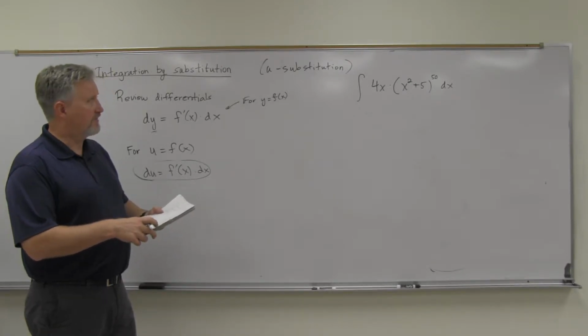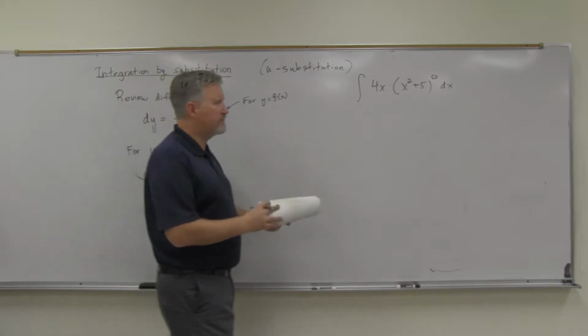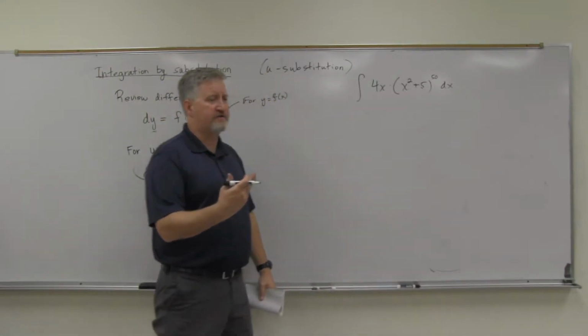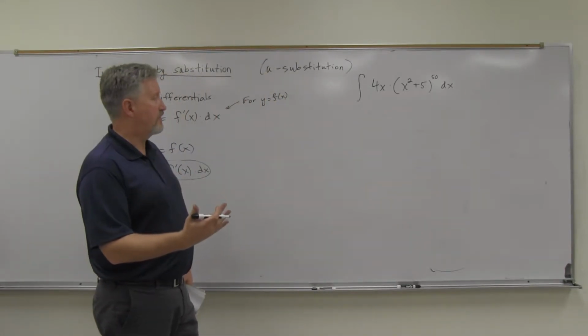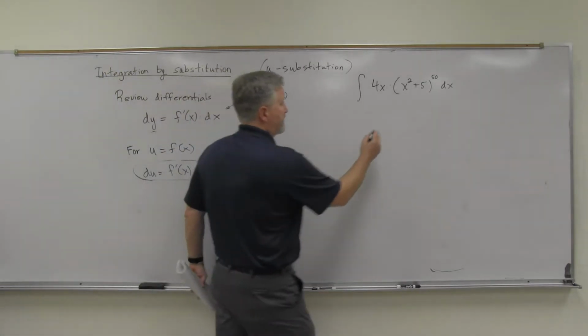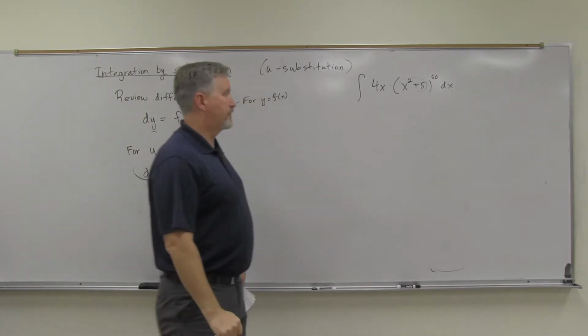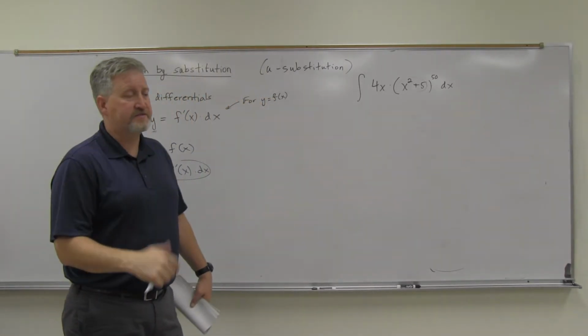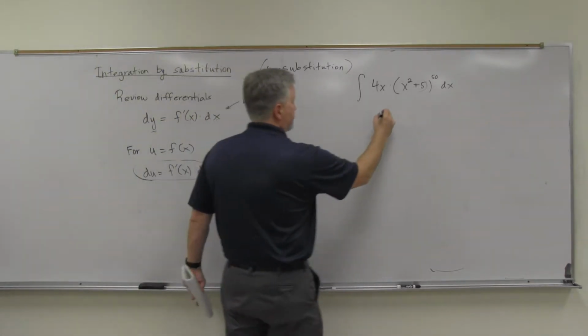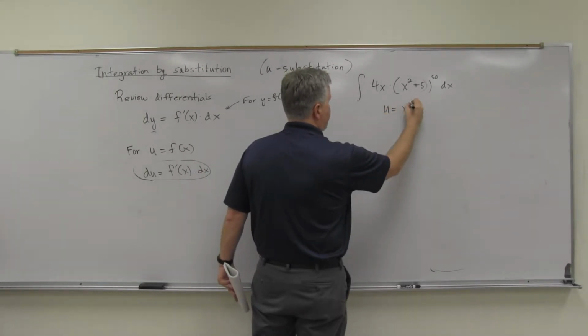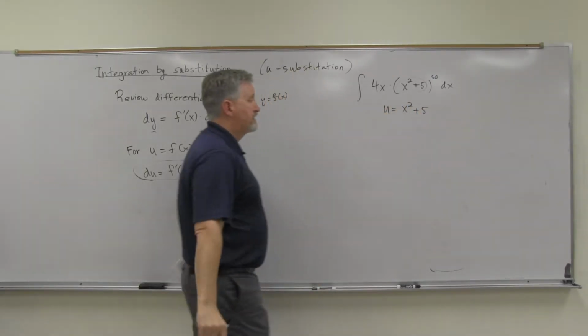Here's how this works. What I do is I kind of rename part of this in terms of a variable we usually call u. And in a lot of cases, what will work out to be is what's in the parentheses. A lot of times that's what you're going to assign the variable u to be.